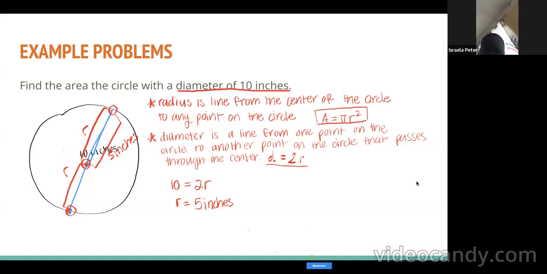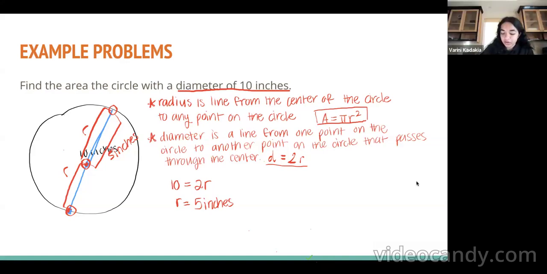Yes. Pi is a constant, which means it just has a value. Pi actually equals 3.14159 and so on. It just keeps going. We just keep it as this symbol so we don't have to keep writing all of the numbers.